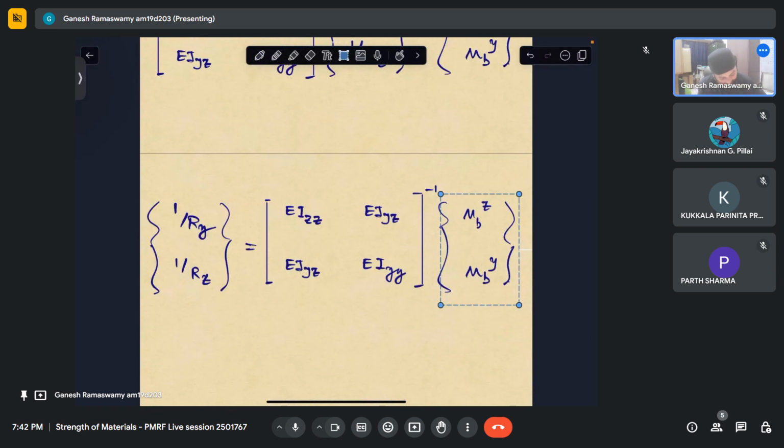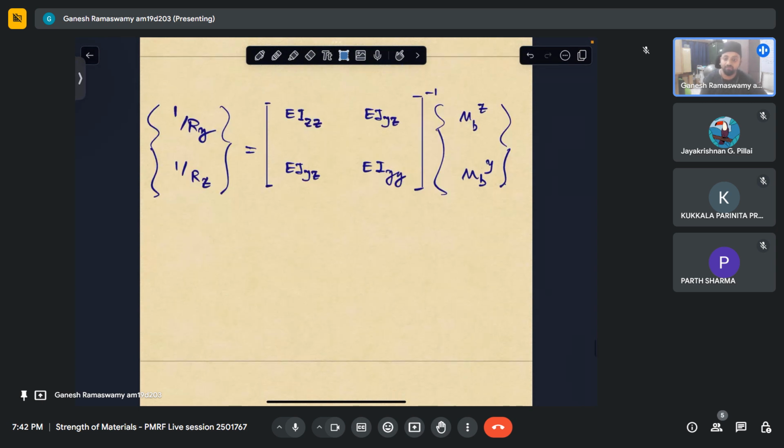Now the inverse of a matrix is 1 by determinant into, it's a 2 by 2 matrix, so these two switch places and these two only change signs. So that is all there is. So let us quickly do that.